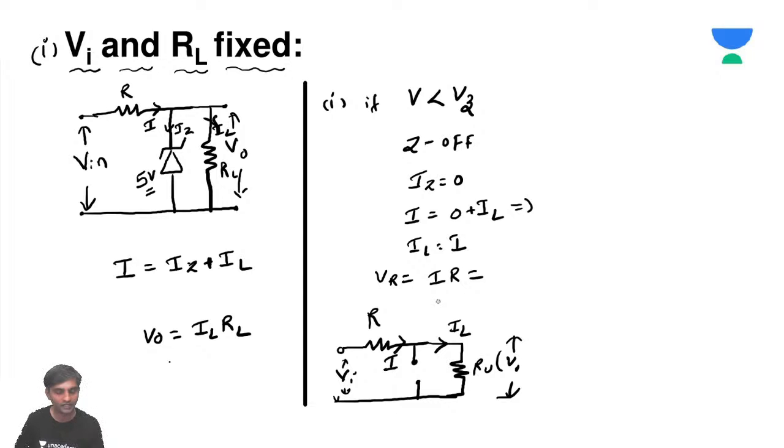Or I can also say this is going to be the voltage V. The voltage across the resistor is going to be Vi minus V, with plus and minus.